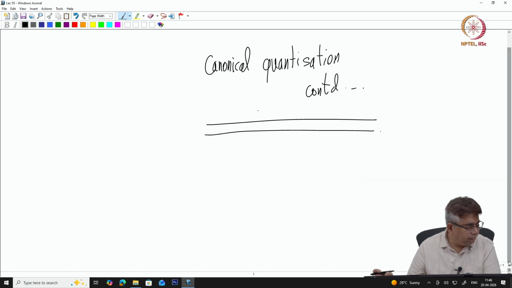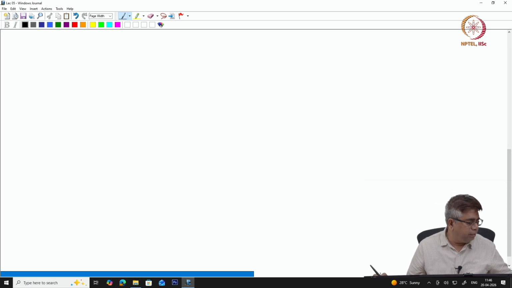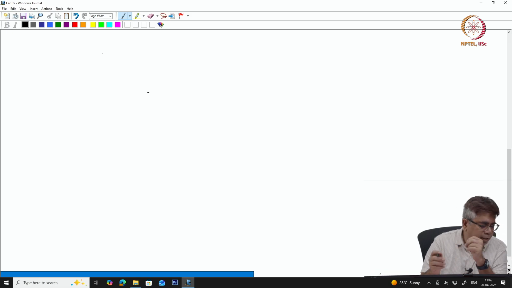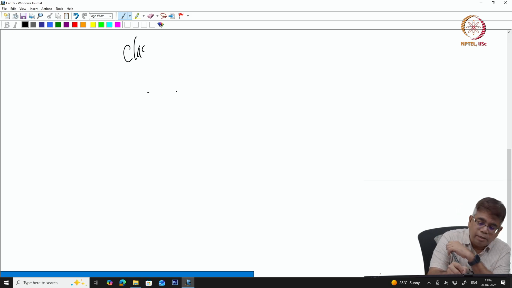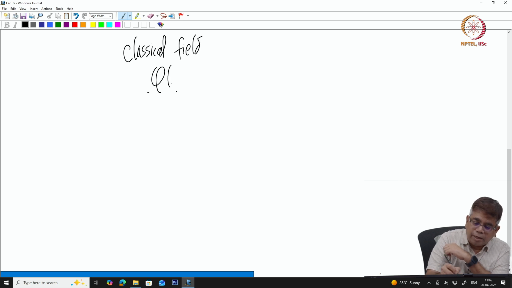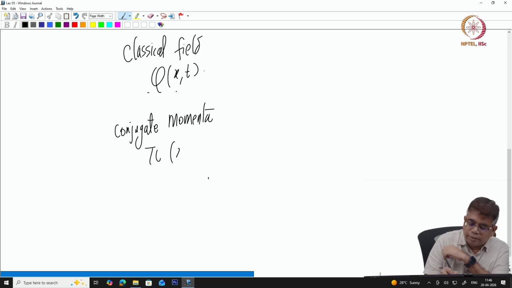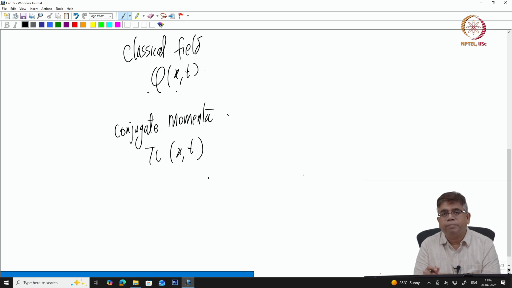So essentially what we have done is, we started with a classical field, phi of x,t, and we wrote the conjugate momenta pi of x,t, which we know we can derive from the Lagrangian.